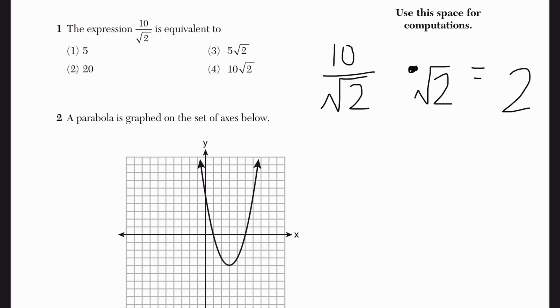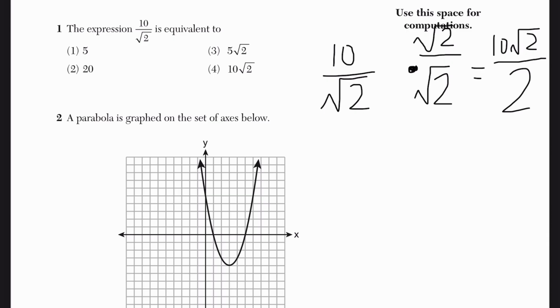But remember, if we're multiplying a number, we have to multiply it by 1. And to multiply it by 1, that means we have to multiply by the numerator over the denominator. Square root of 2 over square root of 2 is equal to 1. So that gives us 10 radical 2 over 2.